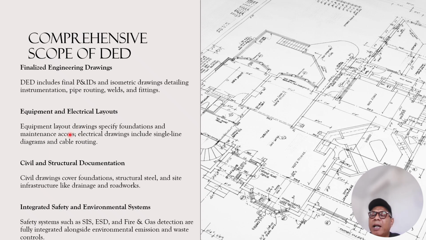Isometric drawings are developed, detailing the piping routing, welding, support, fittings, and the bill of material or BOM. Equipment layout drawings provide the foundation detail and maintenance access, while the electrical drawings encompass the single line diagram, SLD, cable routing, and earthing plan. Instrument documents include the loop diagram, junction box layout, and so on.